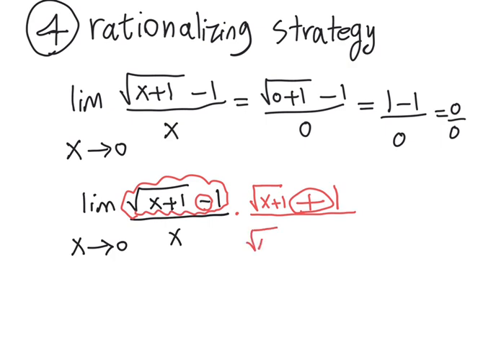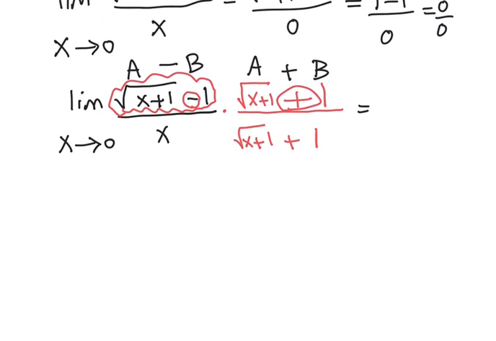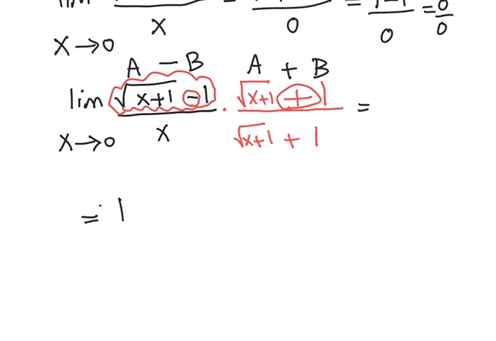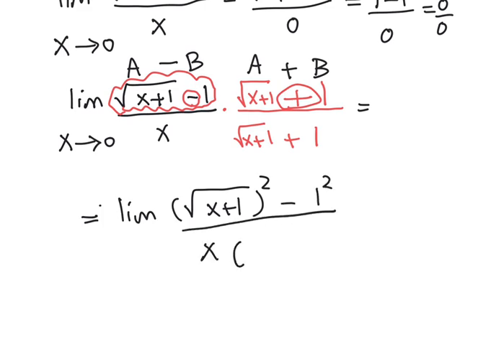Okay, let's copy paste the same expression here. Then it is equal to, as you see, a minus b times a plus b, so we use the difference of squares, equals the limit of root x plus 1 squared minus 1 squared over, you copy paste the denominator, so x times root x plus 1 plus 1 as x goes to 0.